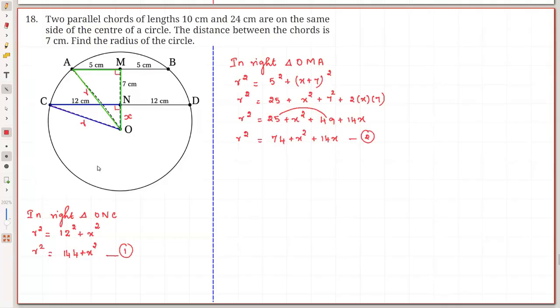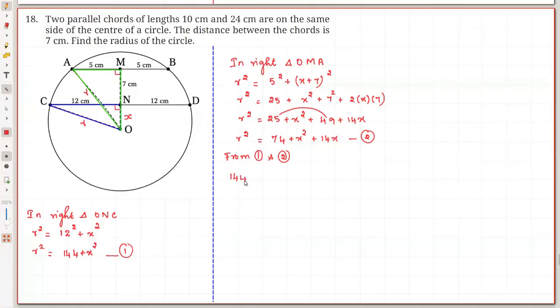Wherever you draw the radius, it will be equal. Therefore, I can equate 1 and 2, since the left hand sides are both R square, the right hand sides should be equal.